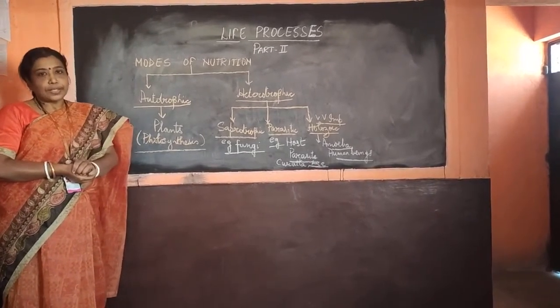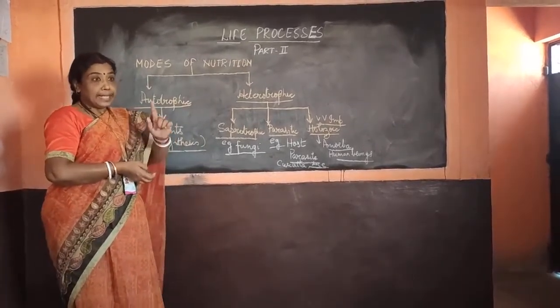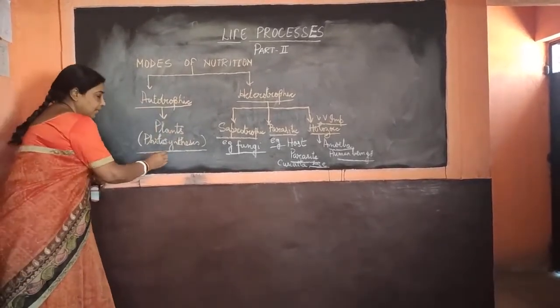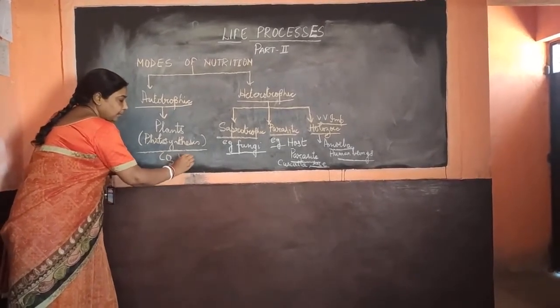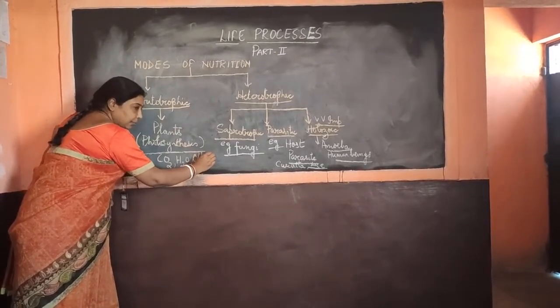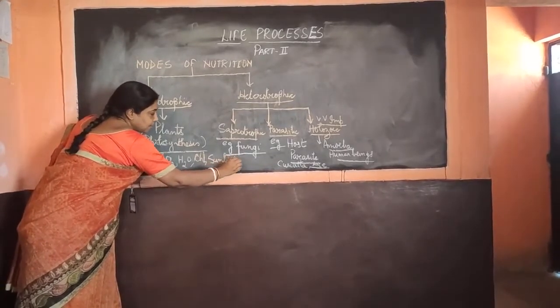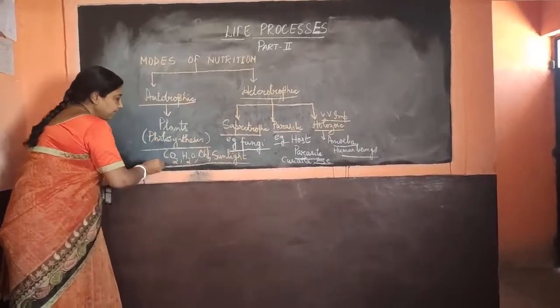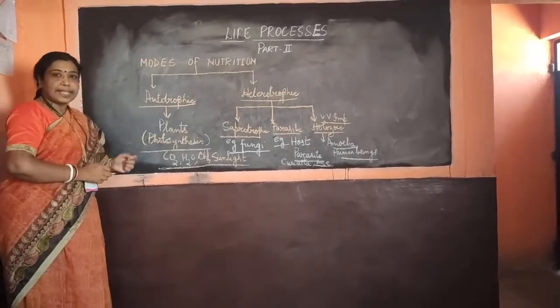Photosynthesis is the process by which green plants prepare their own food in the presence of carbon dioxide, water, chlorophyll and what? What is left? Sunlight. What is left? Sunlight. So now we will see how this process of photosynthesis is carried out.